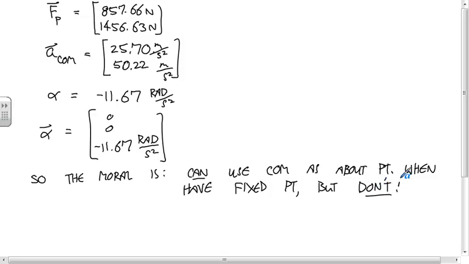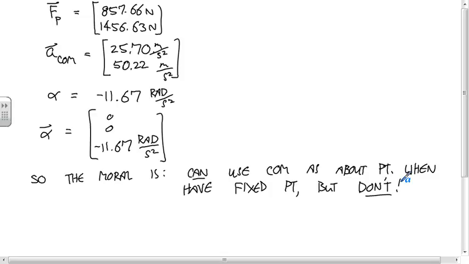If it's not implied verbally that something's rotating about a point, can you assume that it's rotating about its center of mass? Like the boomerang. Well, I guess in a way you could say it's rotating about any point you want.